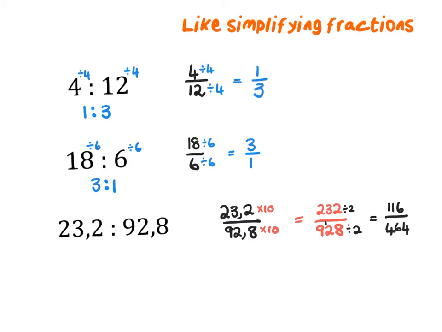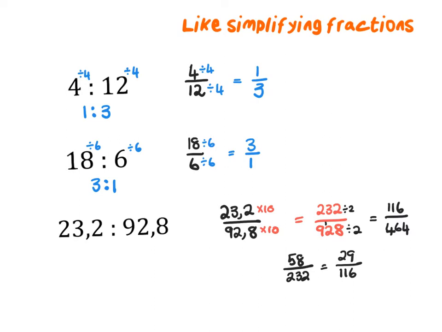Let's halve that again. Half of 116 is 58, and half of 464 is 232. Let's halve that again. That will give us 29 over 116. And when you see 29, which is a prime number, you know that you cannot simplify the fraction anymore.